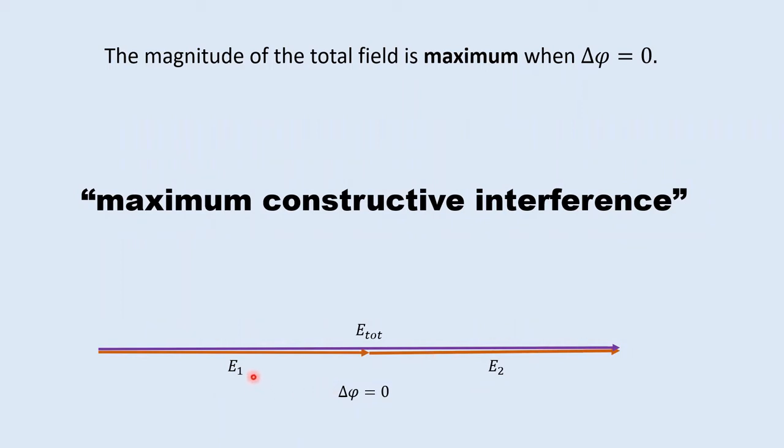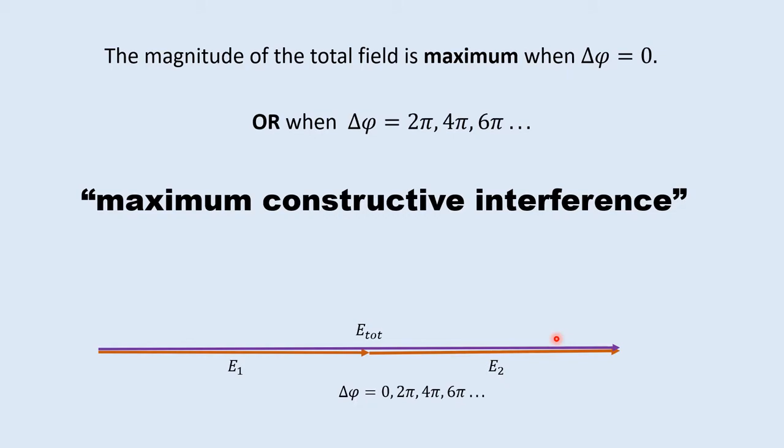In fact, if the two sources produced electric fields that were equal in amplitude, then rather than calling them E1 and E2, I could just call them both E. If that were the case, then the magnitude of the total phasor would just be 2 times E. So for the case of max constructive interference, the total electric field magnitude is double the magnitude of each individual. And I'm kind of using magnitude and amplitude interchangeably here.